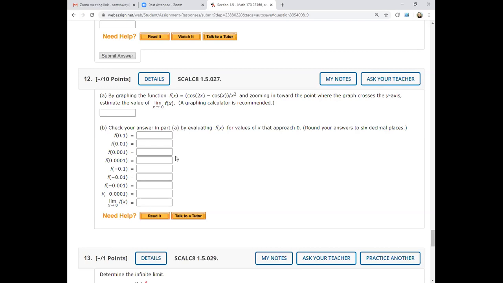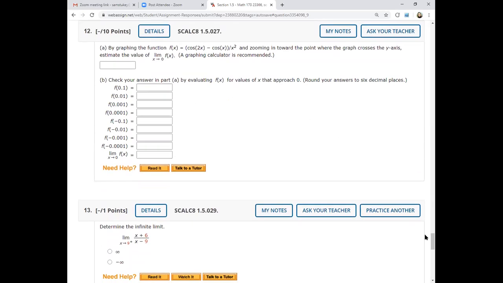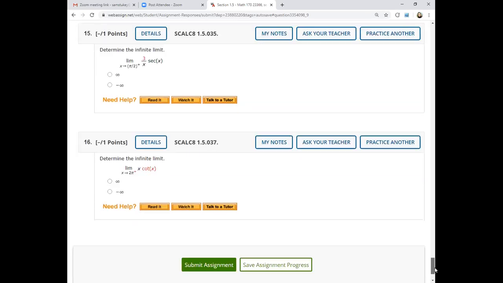So you're going to plug in 0.1 into the function. Use your calculator, put the decimal equivalent right here. So instead of giving you x and y, they write it as function notation. But it's the same thing that you were doing two problems ago. So it's just a bunch of plug it in and figure out the limit.